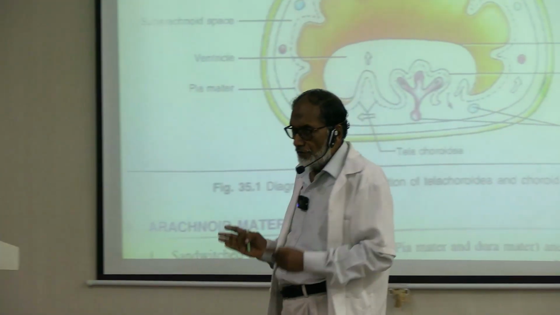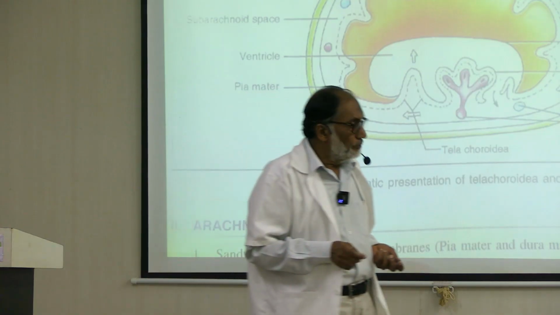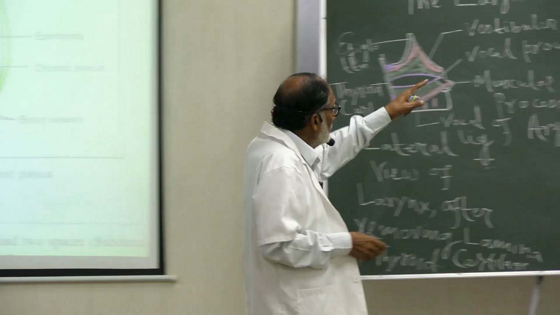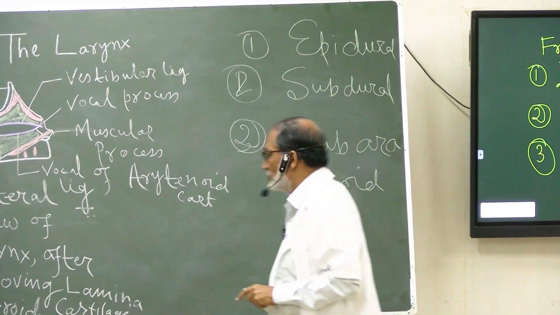You may be asked, this space lies between which layers? Because during the introduction of anesthetic agent, sometimes it is given into the epidural space, sometimes it is given into the subarachnoid space.